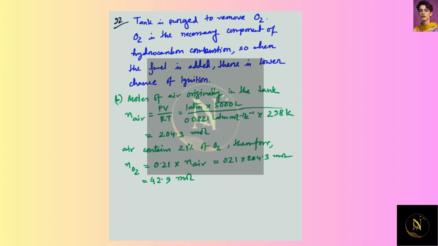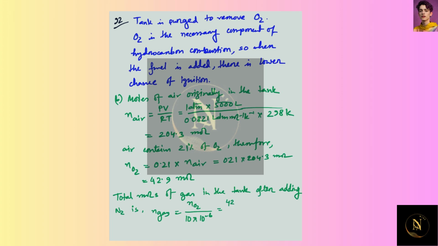Therefore, the total moles of gas in the tank after adding the nitrogen is number of moles of oxygen divided by 10 multiplied by 10 to the power 6.